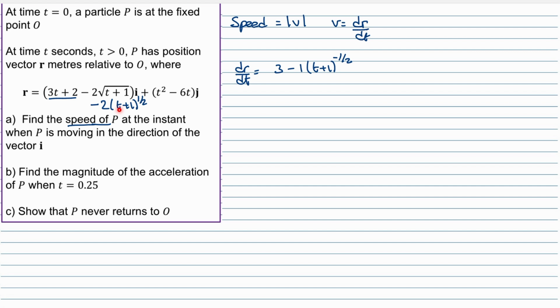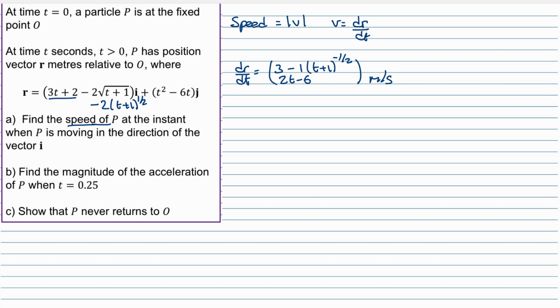And then when we multiply it by the derivative of the inner function, we just get 1. So this will be the derivative of the i component. When we differentiate the j component with respect to t, we'll just get 2t minus 6. And this is in meters per second.